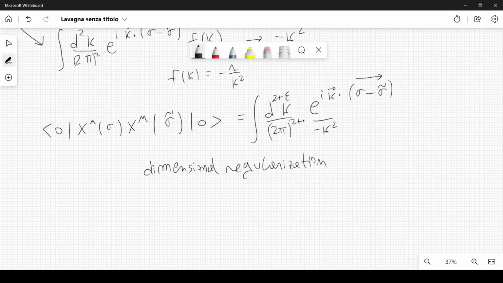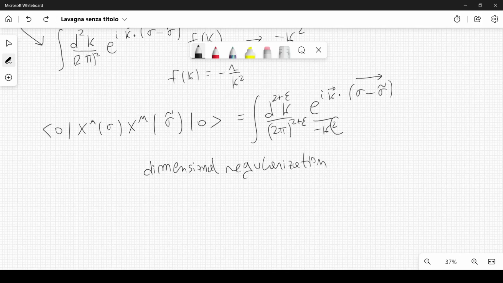Here we have 2 plus epsilon, like this. So this will remain the propagator because it comes from the wave equation, and we leave it like that. But we think of k as a 2 plus epsilon dimensional vector in this case. So this is the only difference.